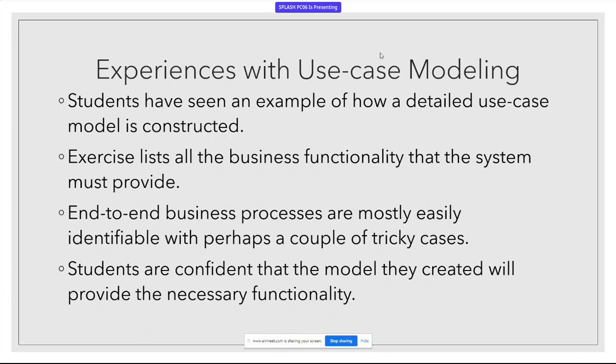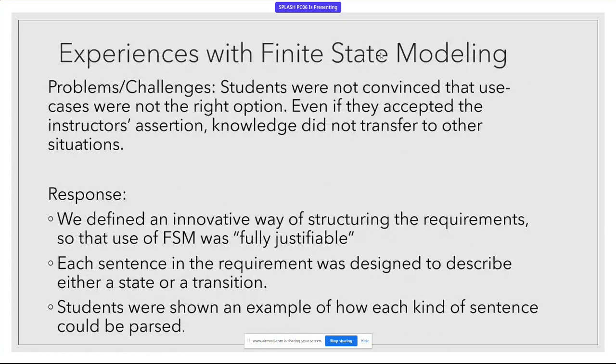And the students are able to see that the model that we build is sufficient to satisfy the functionality that is expected of the system. And one more thing regarding that slide, after we build the model, we go through the design and implementation stages, and they see the system in action.